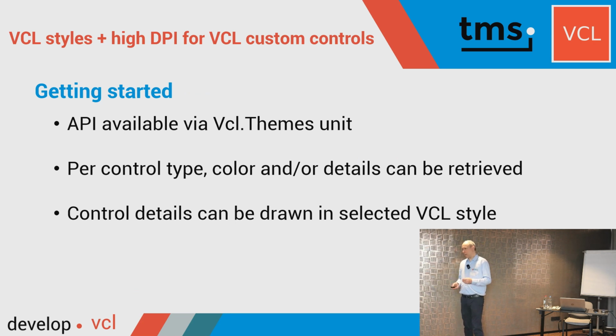And so basically you can, for each control and each part of a control in different states of that part of the control, retrieve how that part in that state should be rendered to match the style that is selected in your application. The APIs available for that are offered via the style services interface, which is the access to all these functions.